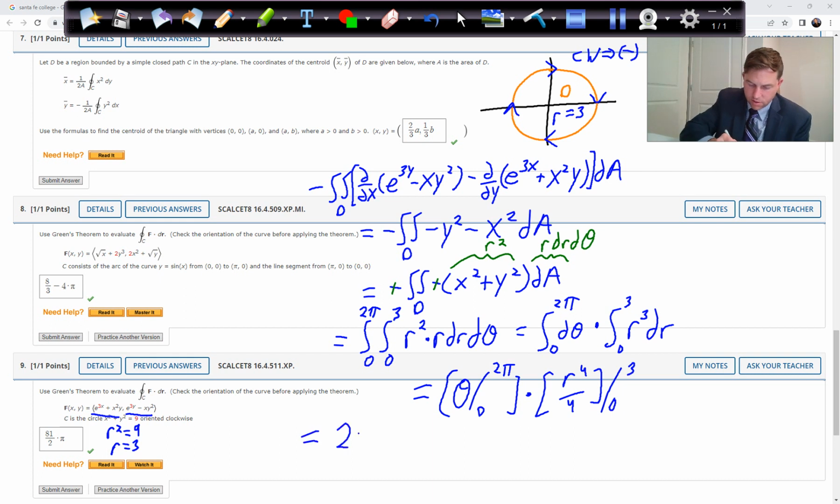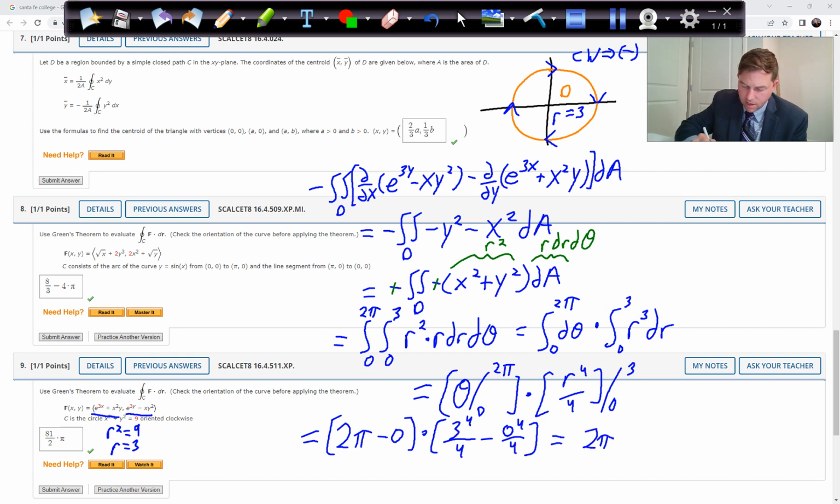So we're going to get 2 pi minus 0 when I plug in the limits, times 3 to the 4th over 4 minus 0 to the 4th over 4. This whole thing will just be 2 pi times 3 to the 4th over 4. And if you do that, you'll get 81 over 2 times pi when you simplify that.